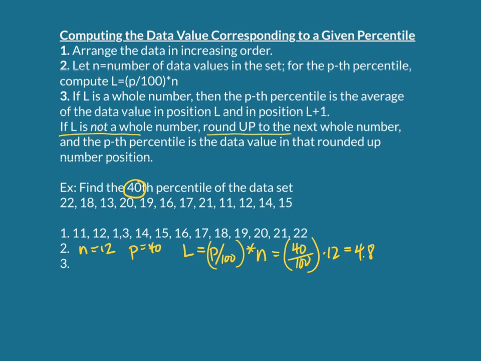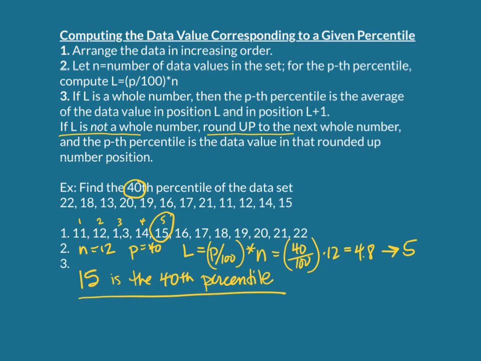We're going to round that up to the next whole number, so we round that up to 5. Then we look for the 5th number in our ordered list. So 1, 2, 3, 4, 5th one. And so 15 is the 40th percentile for this data set.